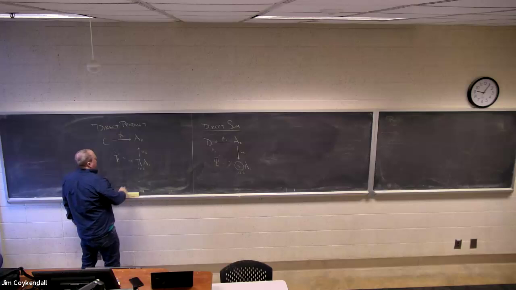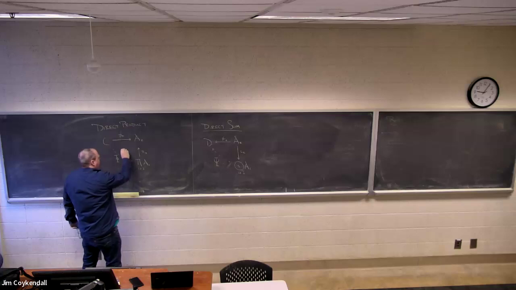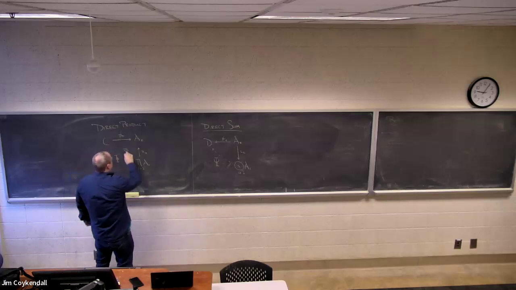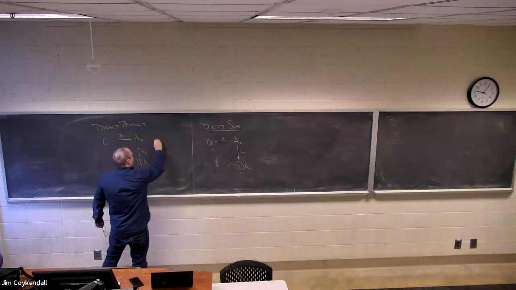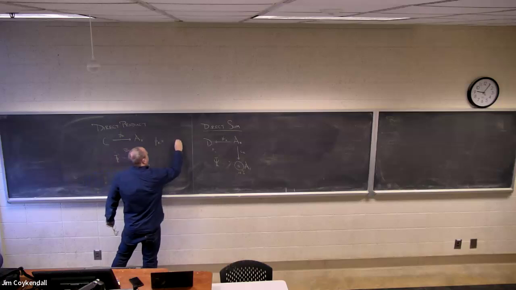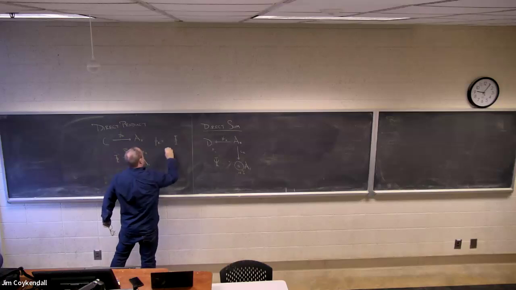Given this situation, there's a unique homomorphism from C into the direct product such that this diagram commutes. This symbol just means that going this way is the same as going this way. That is to say, phi_k is equal to capital Phi followed by pi_k for all k in the index set.